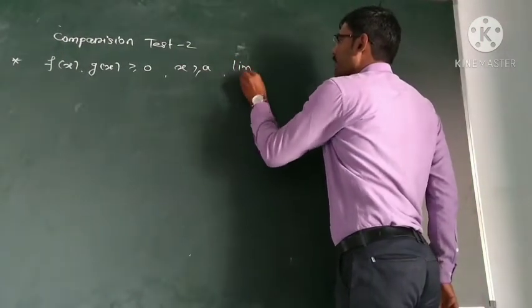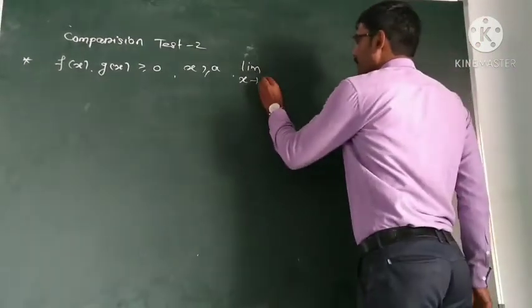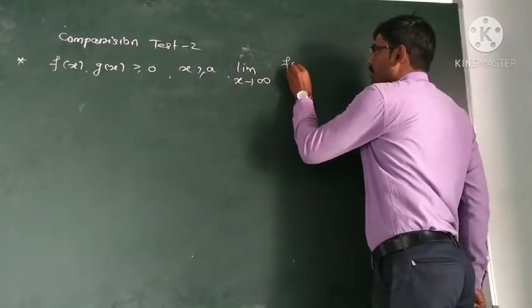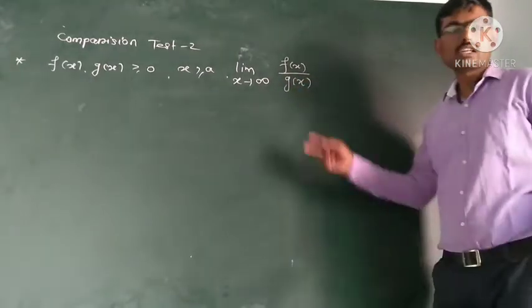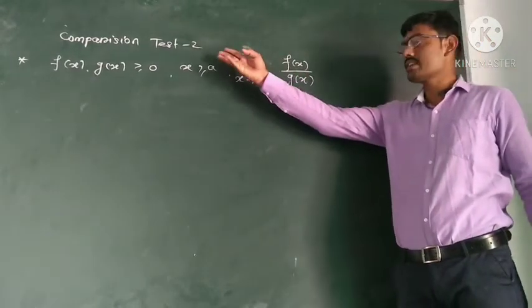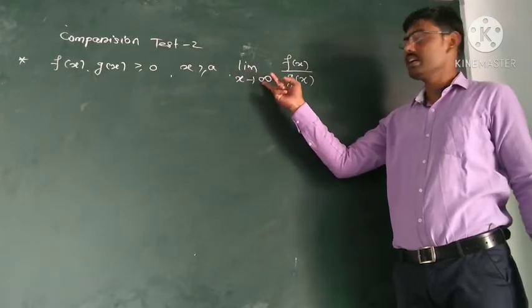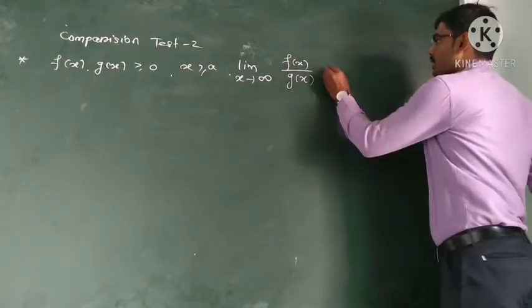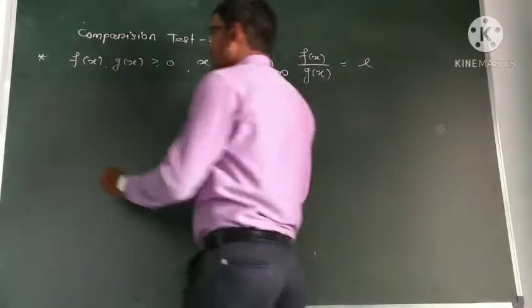Let the limit as x tends to infinity of the ratio of the two functions, f of x upon g of x, be considered. This ratio is also known as the quotient, so this test has the name quotient test. Suppose the limit as x tends to infinity of f of x upon g of x is equal to, say, L. Now it depends on this L.